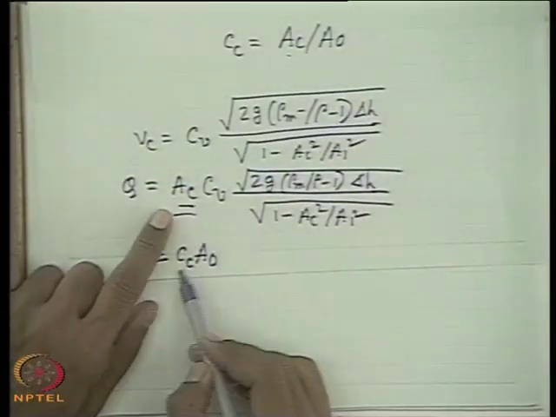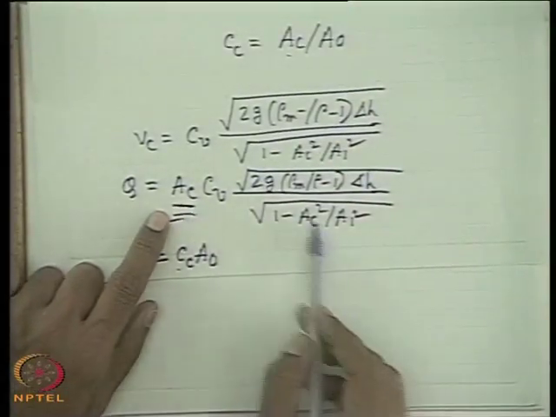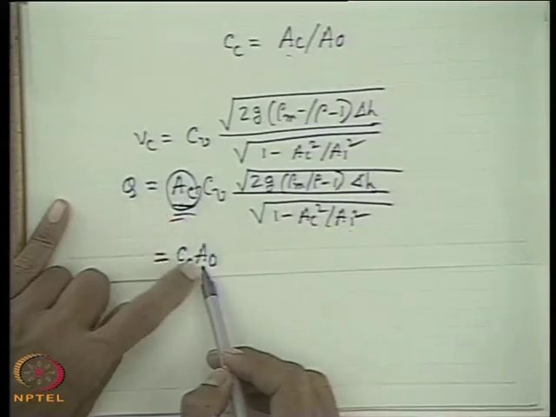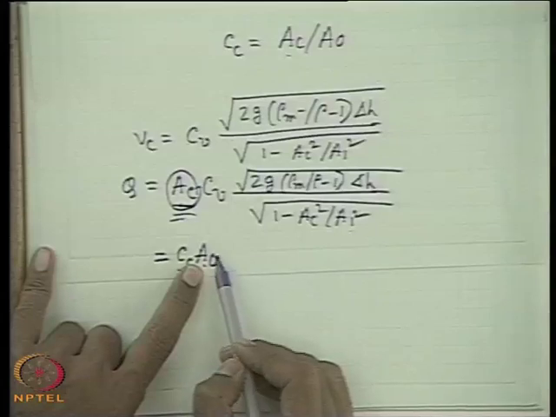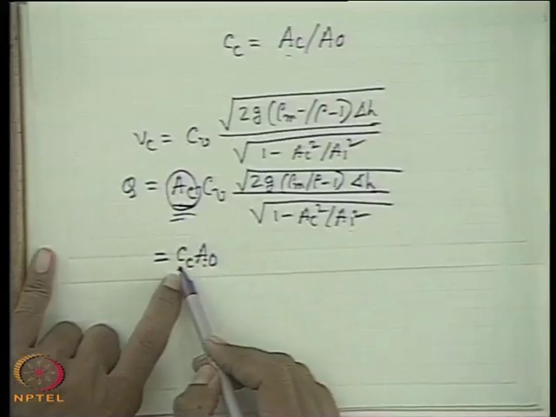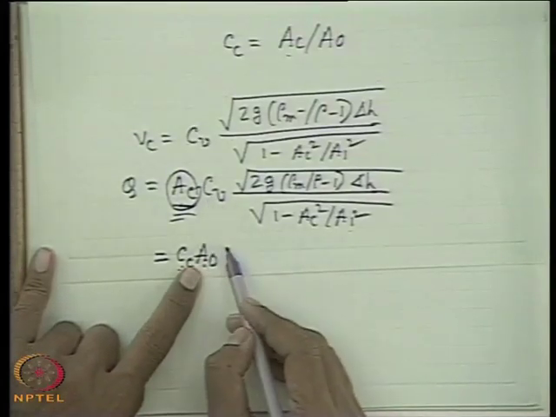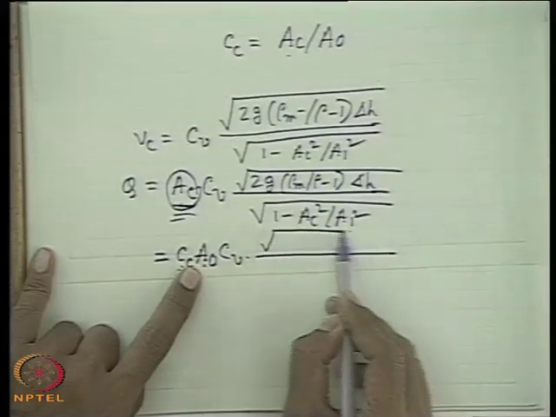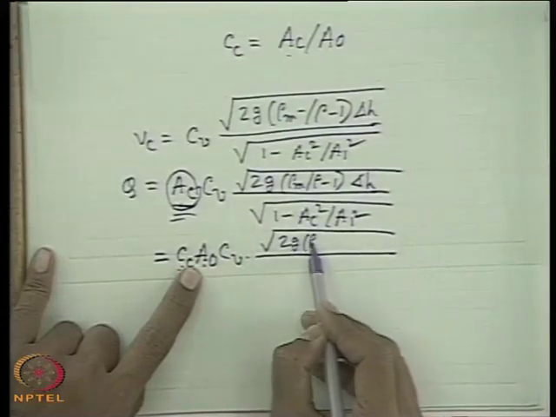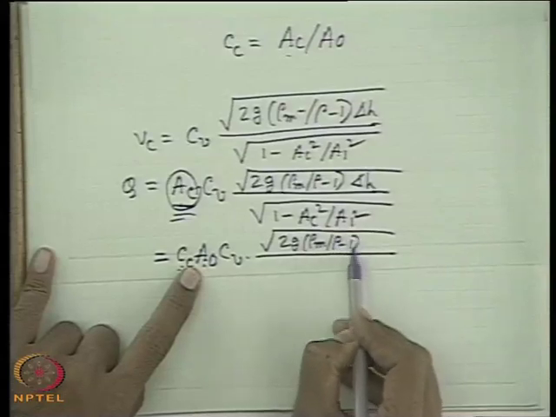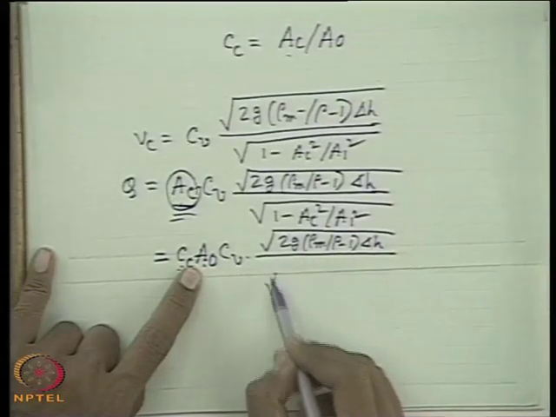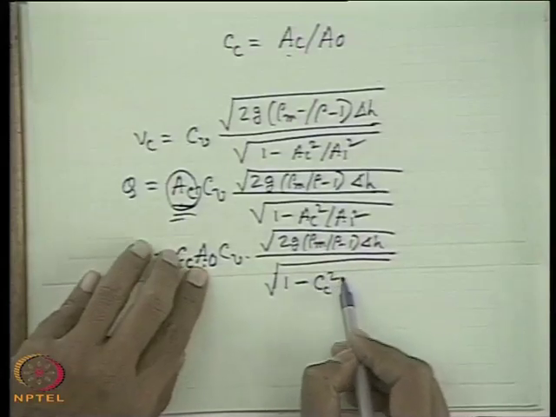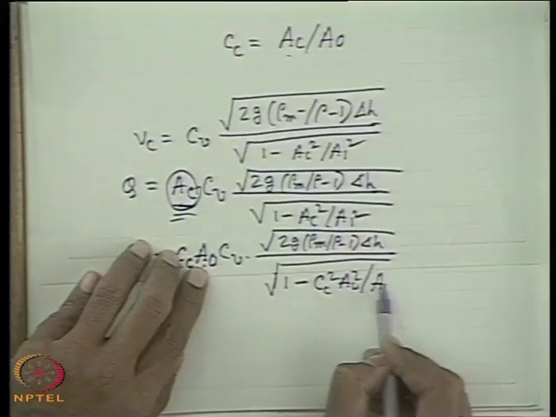So now I express it in terms of the geometrical area which we can measure. We cannot measure AC, but we know the orifice plate diameter, that means the diameter of the orifice in the orifice plate. So Q is equal to Cc A0 times Cv into root over 2g rho m by rho minus 1 delta H, divided by root over 1 minus Cc square A0 square by A1 square.